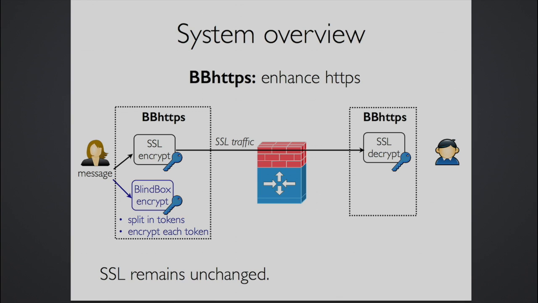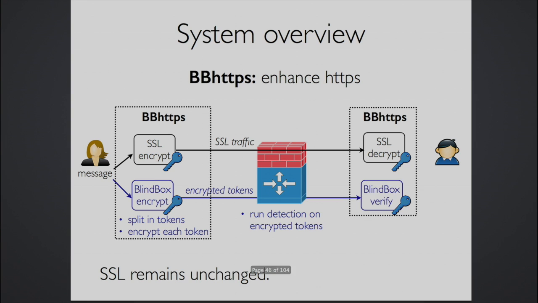Now, these encrypted tokens are sent to the middle box, which is able to run the detection on encrypted tokens and then make decisions if it discovers an attack. And then the endpoint receives the traffic and performs some verification. So let me give you a sense of how we do this detection on the encrypted traffic and how we encrypt the traffic to enable the detection.